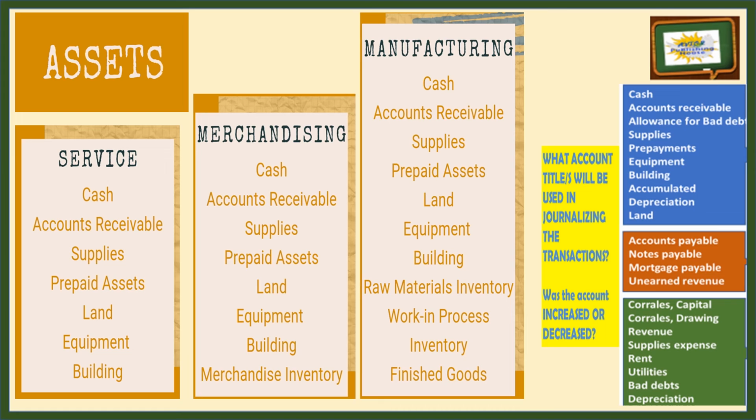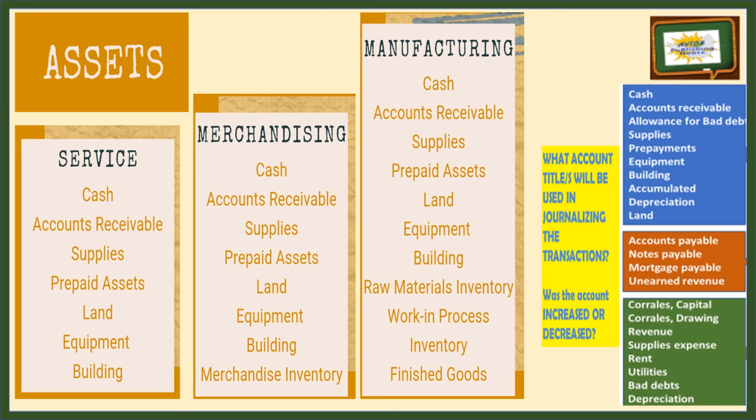Here is the list for service: cash, accounts receivable, supplies, prepaid asset, land, equipment, building. In merchandising, it's just the same, but there is what you call merchandise inventory. So that's the distinction between service and merchandising.